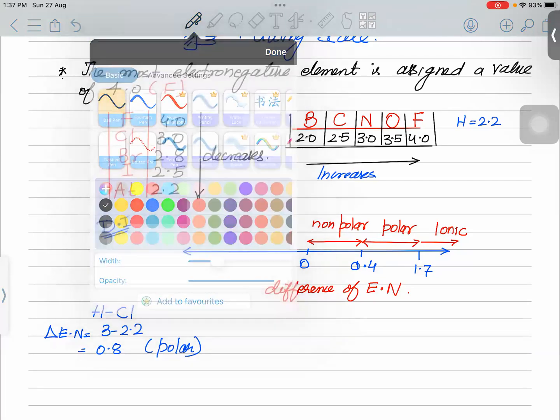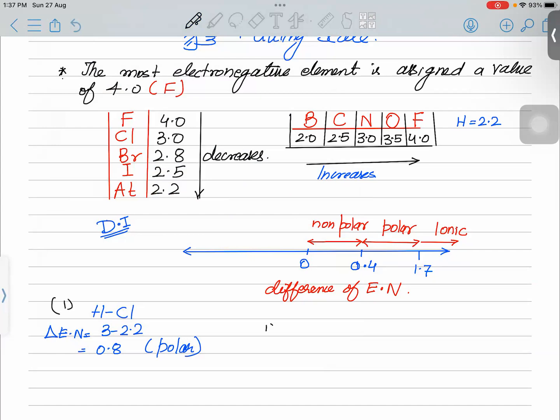Now next, Cl2. 3 minus 3 is 0. So can you tell me, is it polar or non-polar? Non-polar, right? Yes, exactly, non-polar covalent.